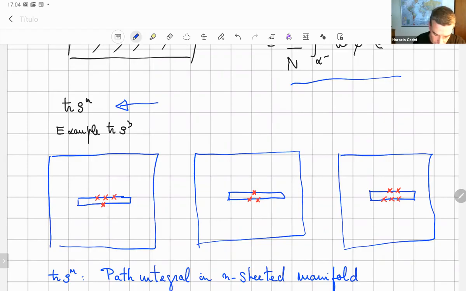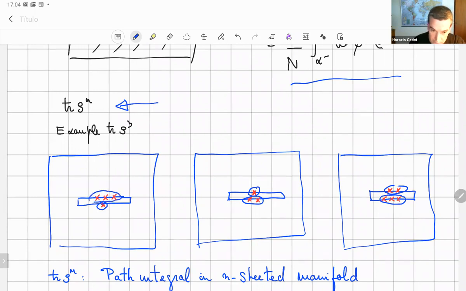Then one of the boundaries, let's say the output variable of one density matrix, you identify with the input variable of the other, and do the same for the second density matrix, and the last one you identify the boundaries because of the trace.